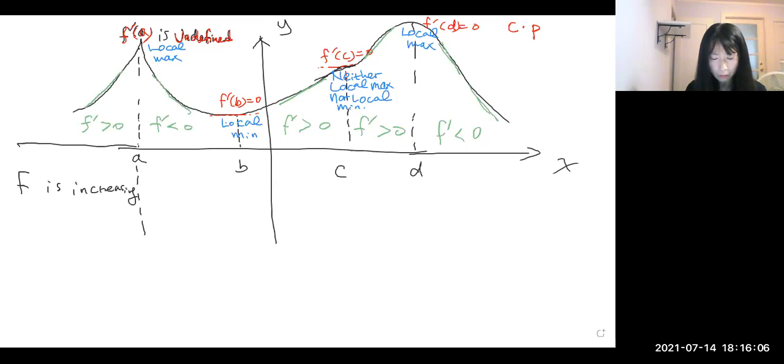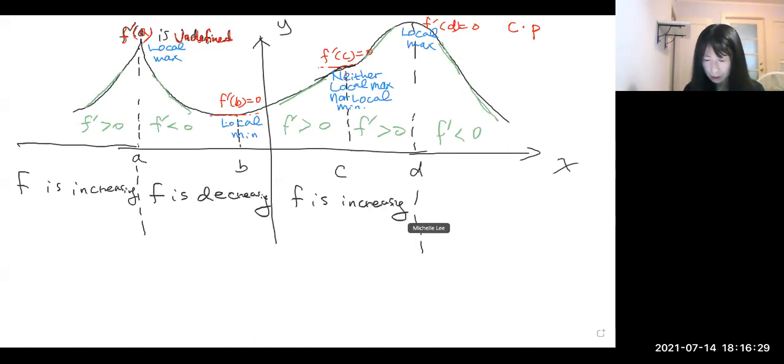It's decreasing. So in this case, f is increasing. And in this case, f is decreasing, right?